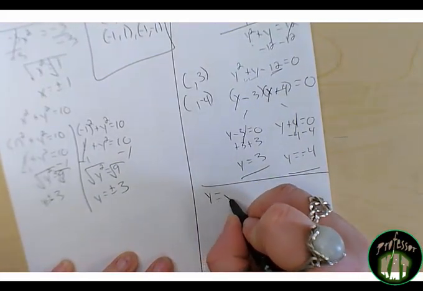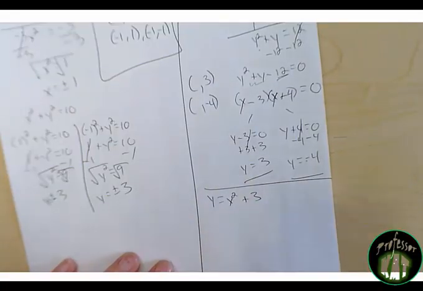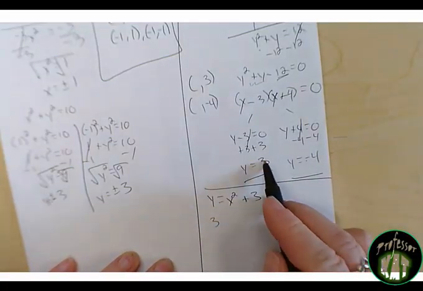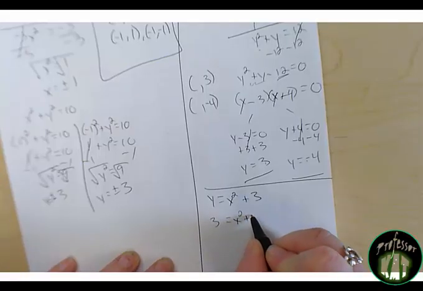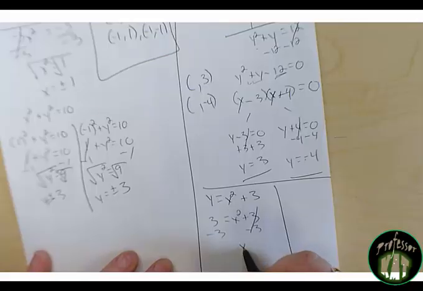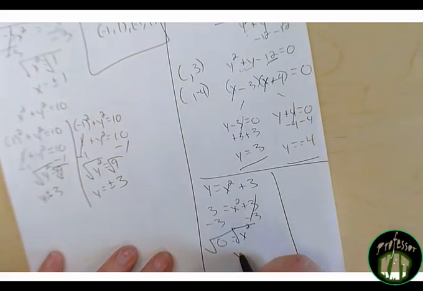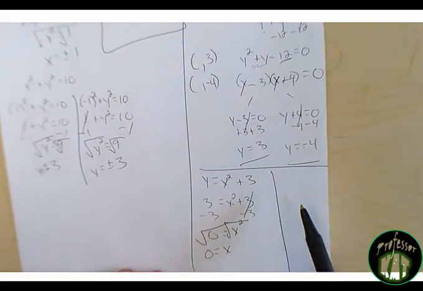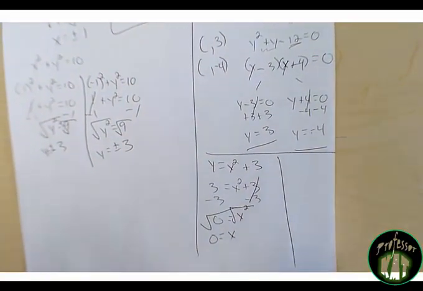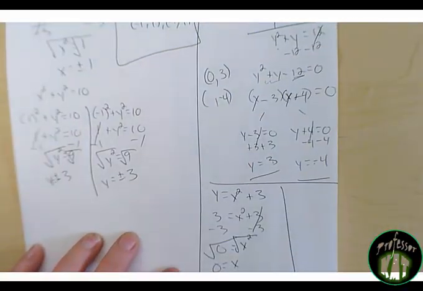I'm just going to drop down the top equation here, and plug into that. Plugging in my first y, which is a 3, gives me this right over here. If I subtract 3 on each side, we get that x squared is equal to 0. Taking the square root of each side gives us that x is equal to 0. So when y was 3, x is 0.